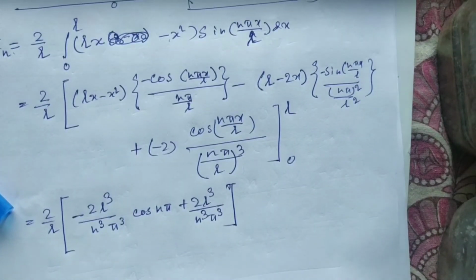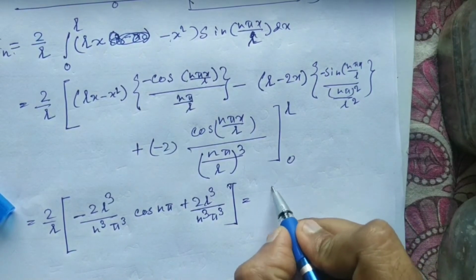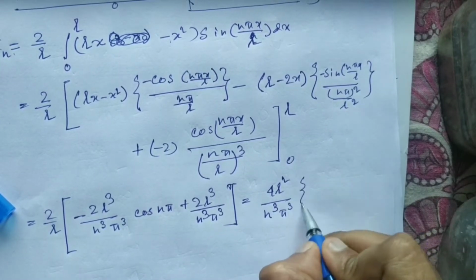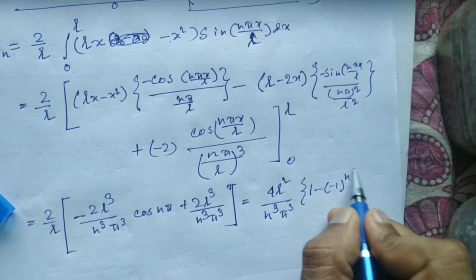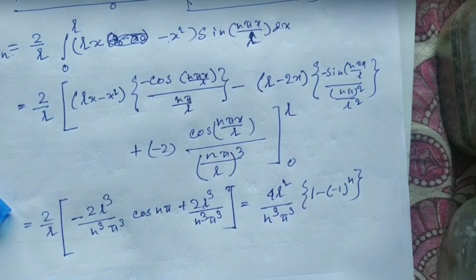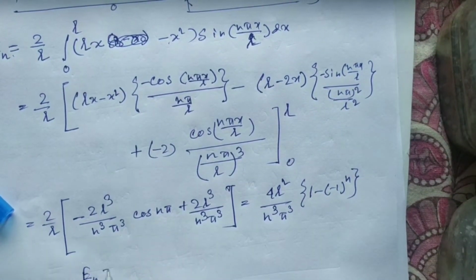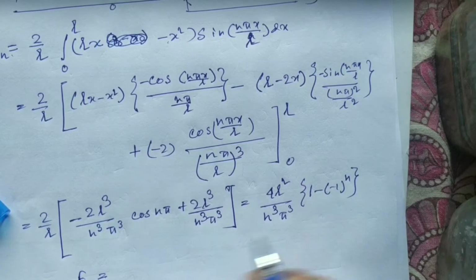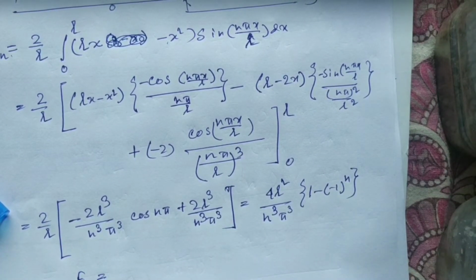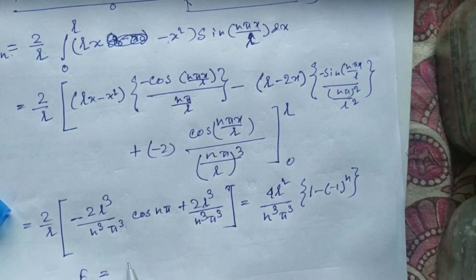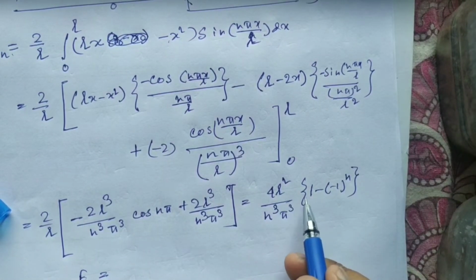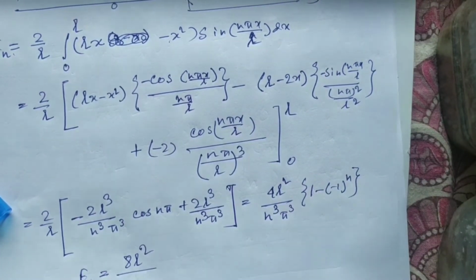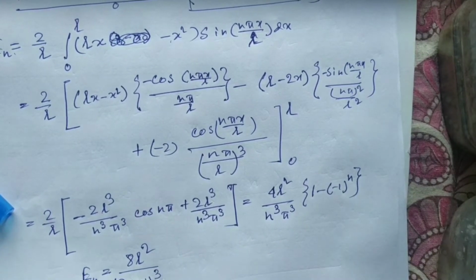So ultimately we get 4 L square over n cube pi cube times 1 minus minus 1 to the power n. So En can now be equal to, when n is some 2m minus 1, that is an odd number, 4 L square into 2, that is 8 L square by 2m minus 1 whole cube pi cube.